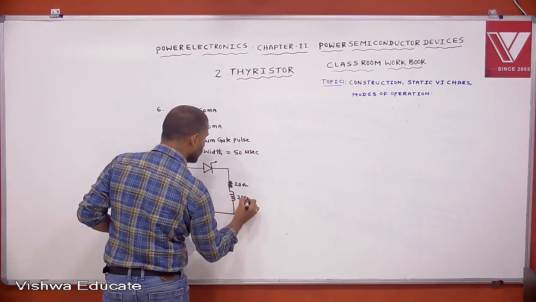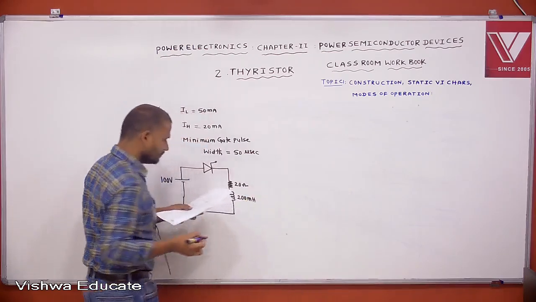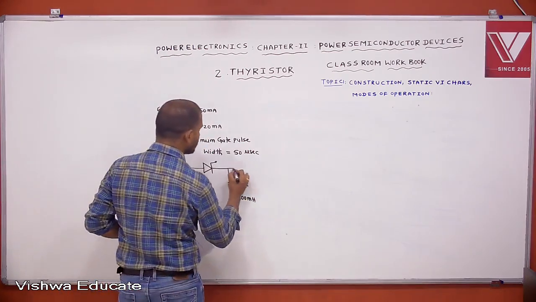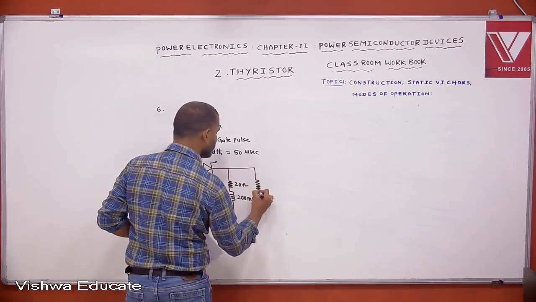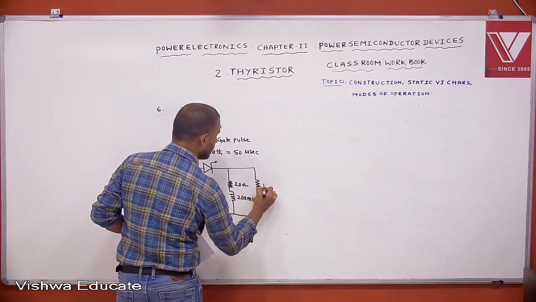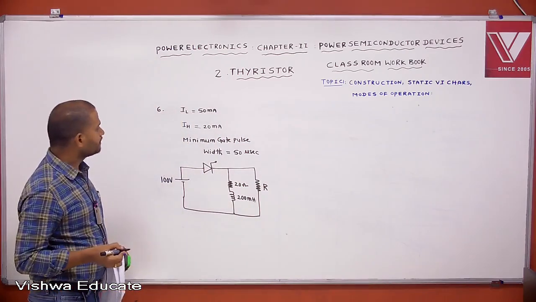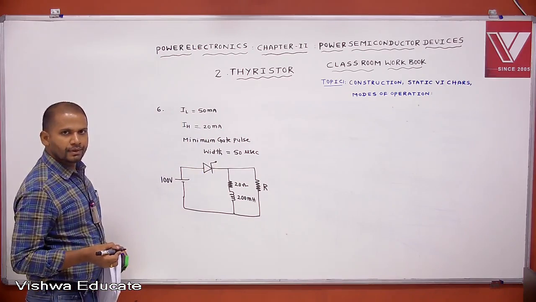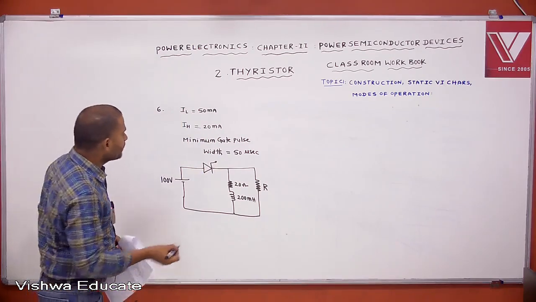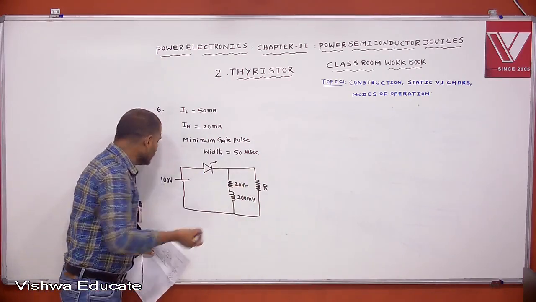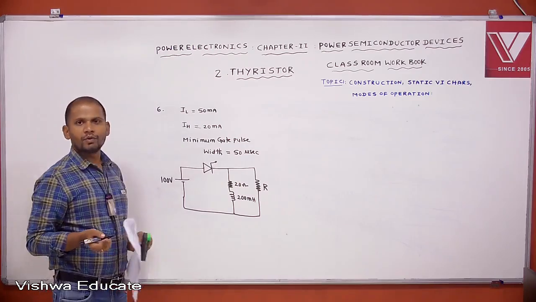Then this is resistance. This is a given circuit. Yes. This 20 ohms, 200 millihenry. Resistance, supply is 100 volts.